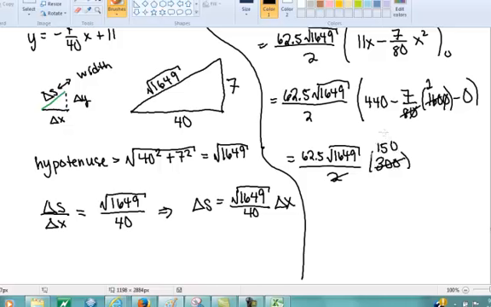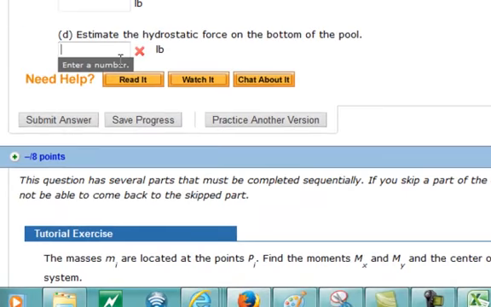So now it's just 62.5 times the square root times 150. And I get about 380,699, and that would be pounds. Let's check that. 380,699.